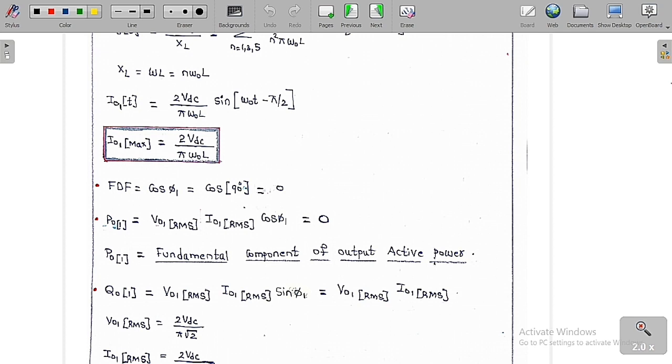The output power is equal to V01 RMS into I01 RMS into cos of phi 1, meaning the RMS value of the fundamental component of the output voltage into the RMS value of the fundamental component of the output current into cos of phi 1. As cos phi 1 is equal to 0, the overall value is going to become 0. So simply we can say that the fundamental component of the output power is equal to 0.